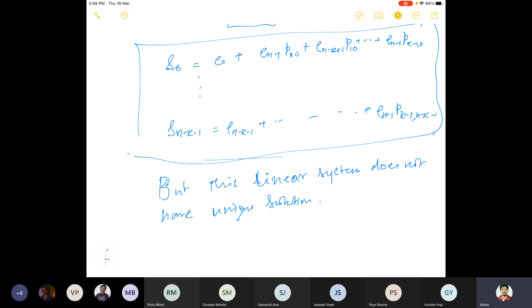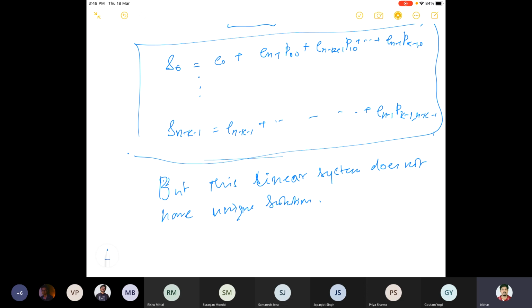That will be the solution. The number of errors is nothing but the number of code words which are undetectable, and code words are 2 to the power k. So there will be 2 to the power k solutions here, because you do not know which one is actually the error. So we cannot detect the error just by solving this linear system of equations.